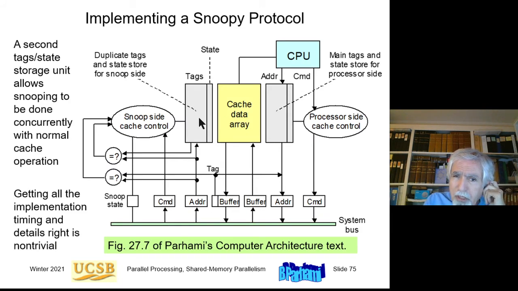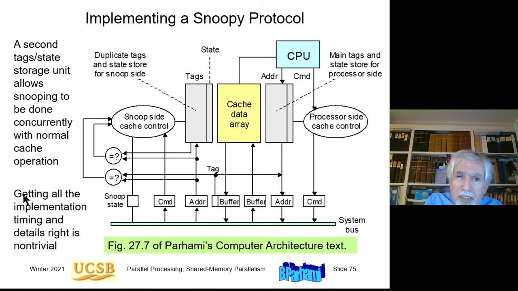If they don't hold a copy of that data, then that transaction is not relevant to this particular cache. If they do hold a copy of that data, depending on the status, whether it's exclusive or shared, they have to take appropriate action, perhaps to invalidate it, or turn it from exclusive into shared, or turn it from shared into invalid, and so on.